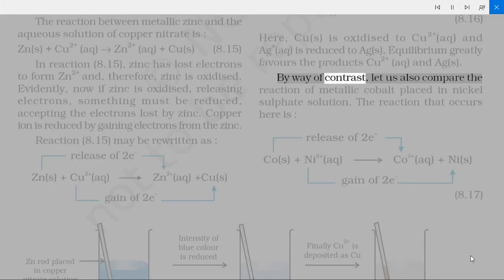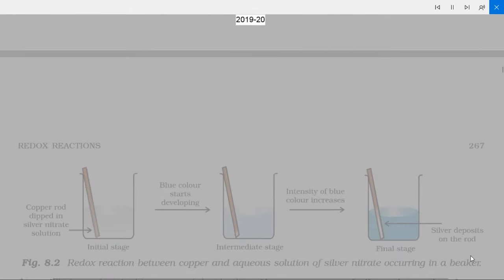By way of contrast, let us also compare the reaction of metallic cobalt placed in nickel sulfate solution. The reaction that occurs here is 8.17. Fig. 8.2 Redox reaction between copper and aqueous solution of silver nitrate occurring in a beaker.